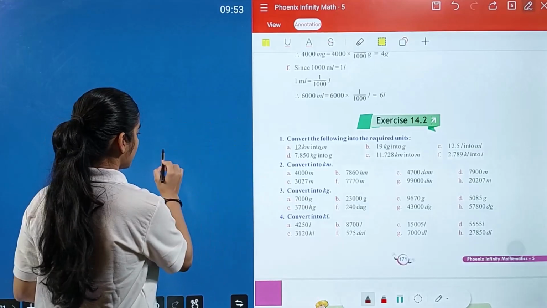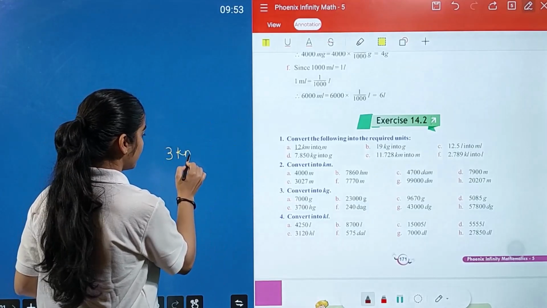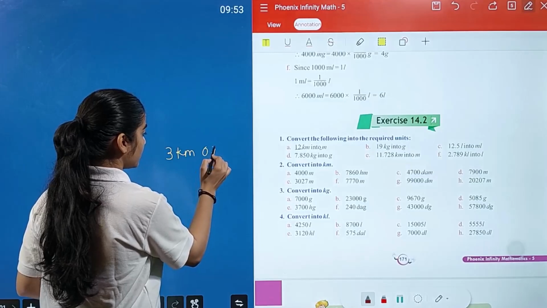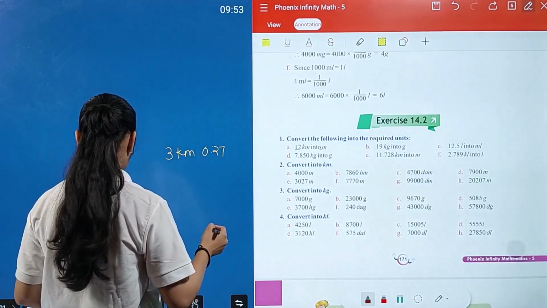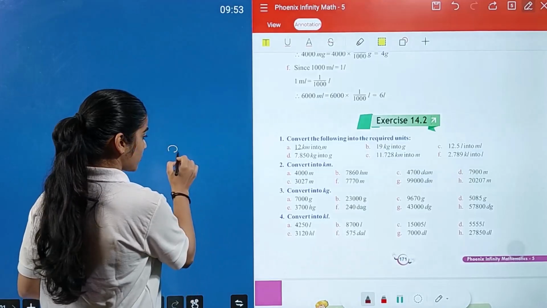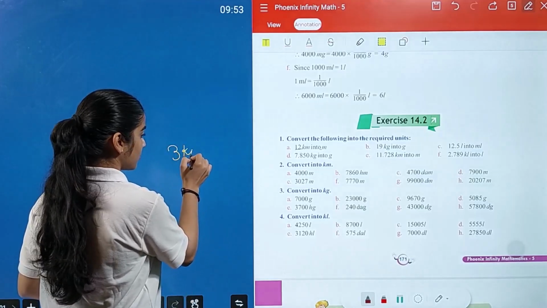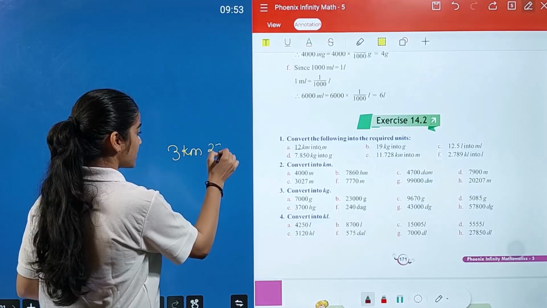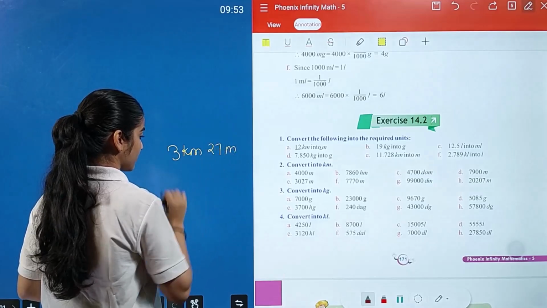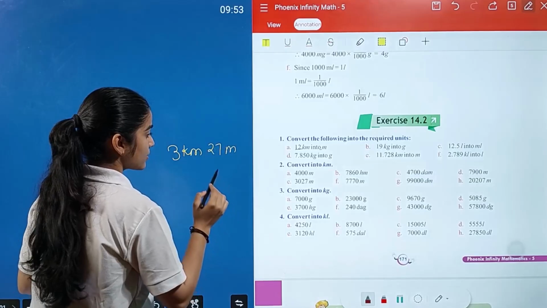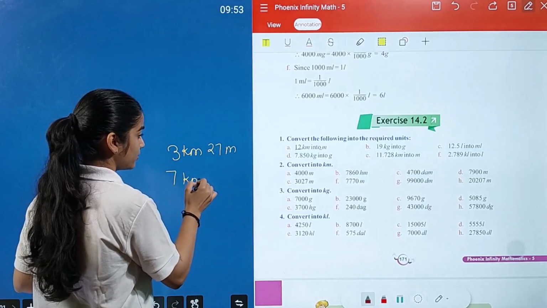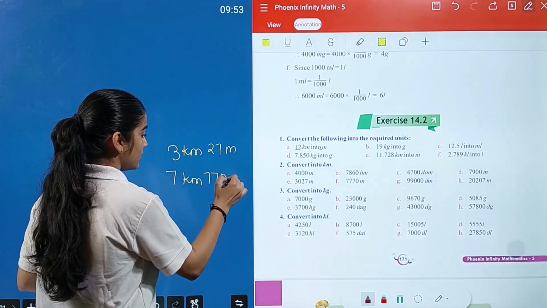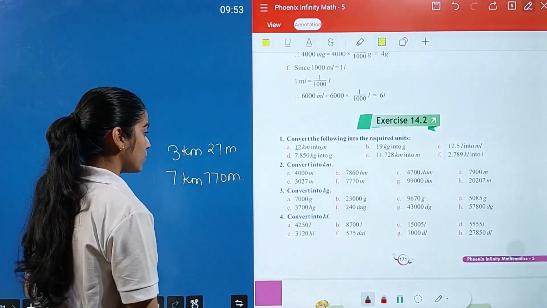In this one, 3 kilometer, 0.027, or you can write it as 3 kilometers and 27 meter is your answer. After this, 7,770 meter. So 7 kilometer 770 meter.